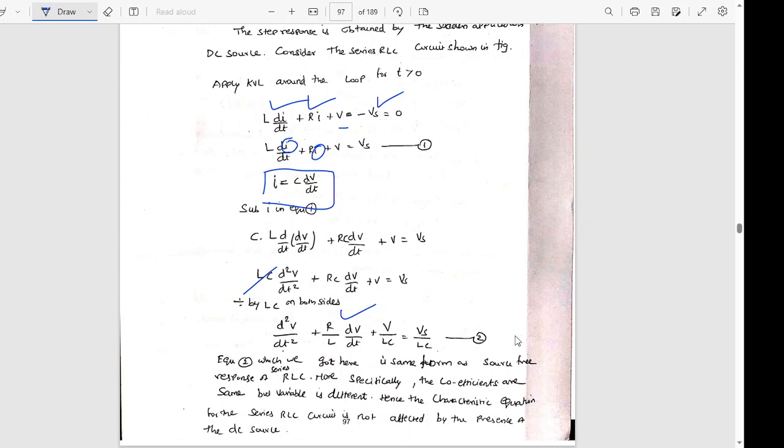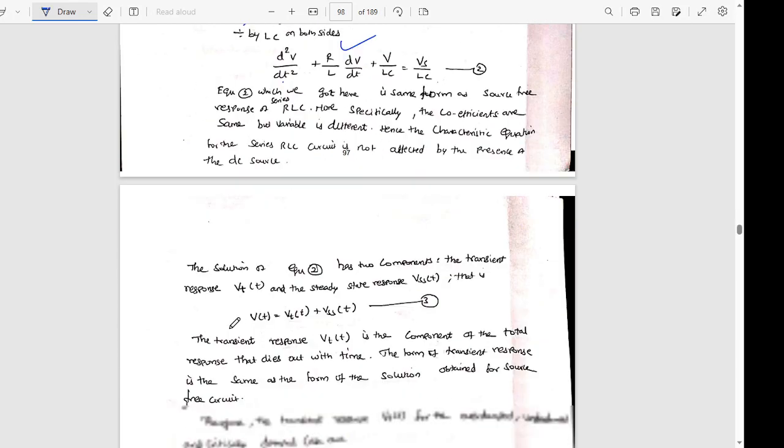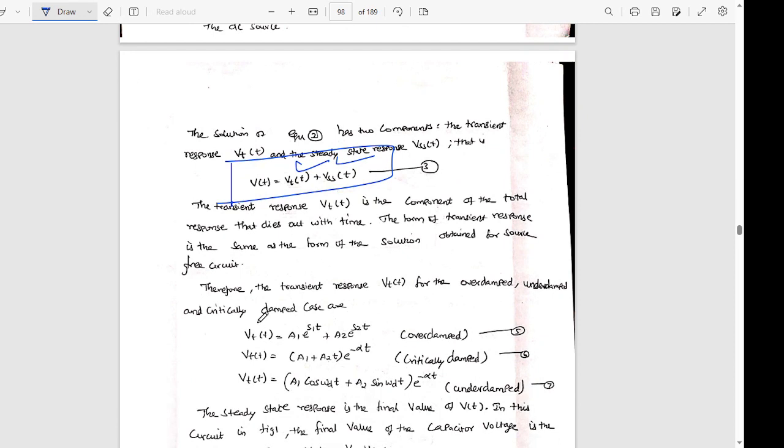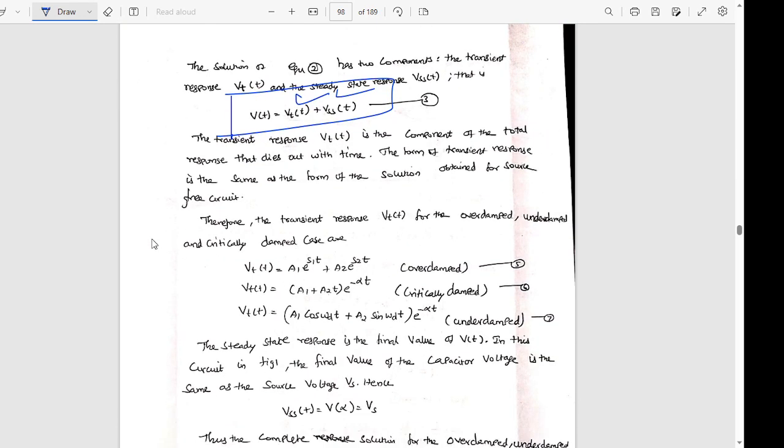Here it is almost similar to what we derived earlier, but the only difference is the voltage source added to it. So the total response will be the transient response plus the steady state response, and both have to be considered. For the transient response, the three cases, overdamped, critically damped and underdamped, are similar to what we discussed earlier.